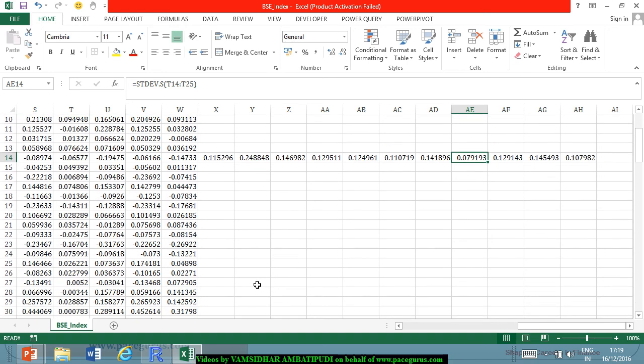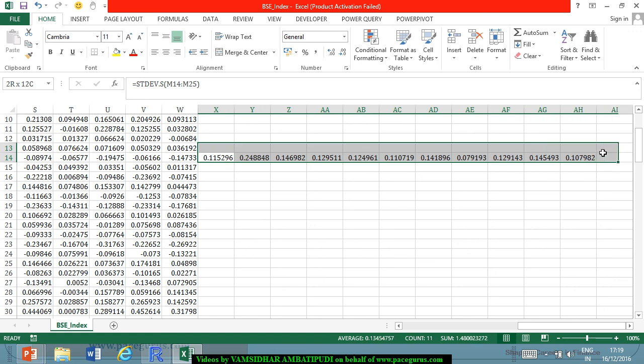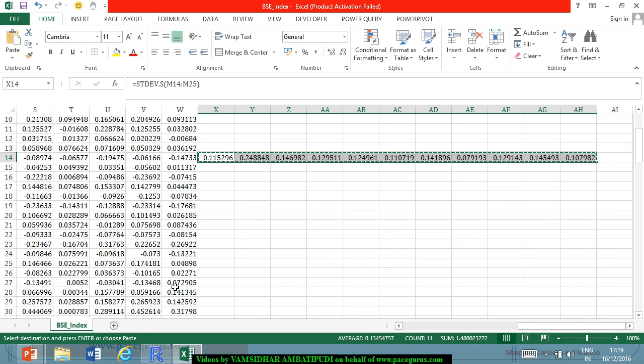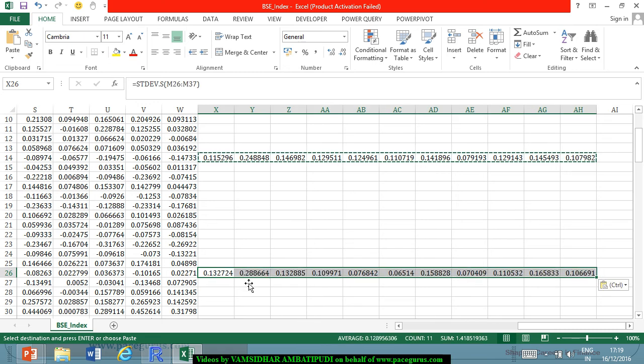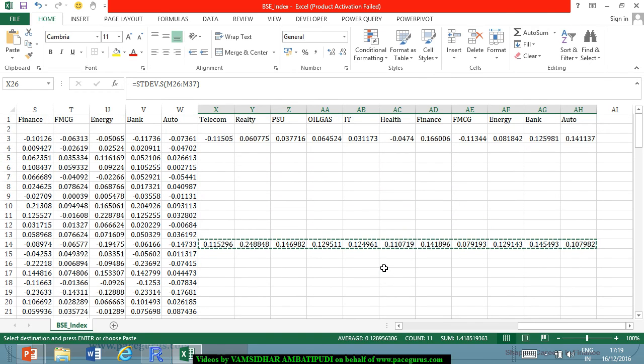But let me go to 2009 and try out the same formula. Right, let me try out this formula in 2009. Okay, you see here the standard deviation became 13, this became 28, this again is 13, this is 10, much lesser, this is only 7, right?